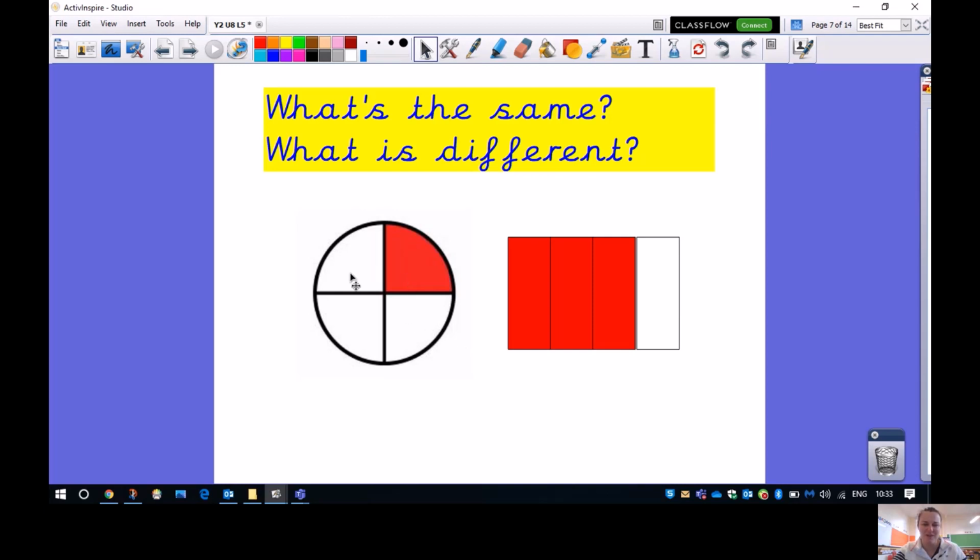We know we've got the 4 equal parts. Well, we know they both show fractions of amount, but what is different? This one has only got 1 out of the 4 pieces shaded, showing 1/4, whereas this one has 1, 2, 3 out of the 4 pieces shaded, showing 3/4.